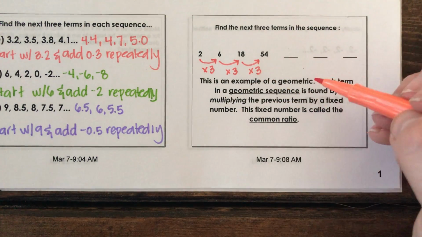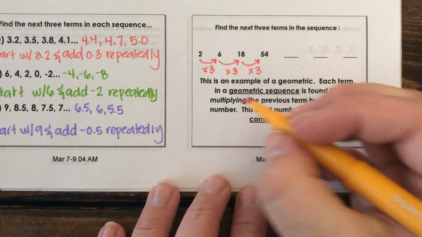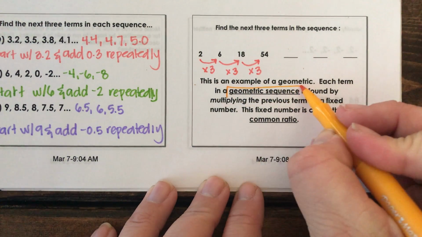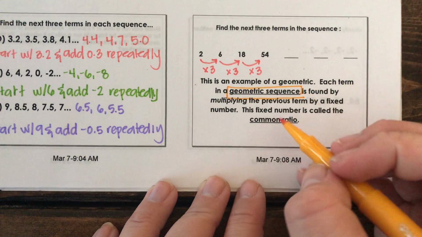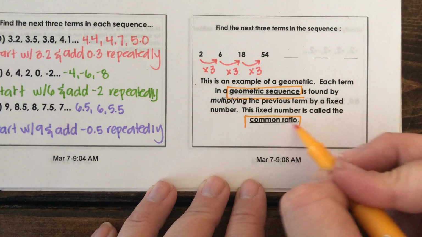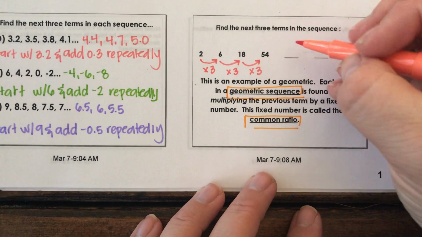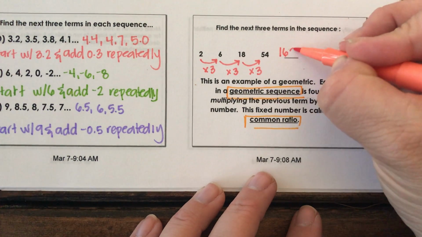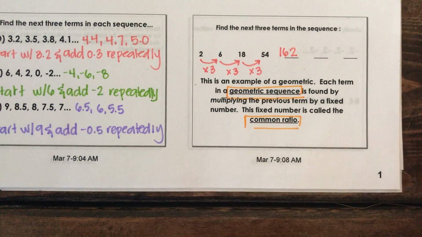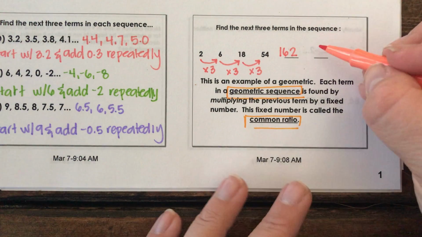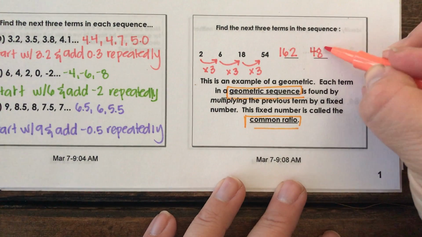So this is an example of a geometric sequence. And in a geometric sequence, we're multiplying by the same common ratio, repeatedly. So now 54 times 3 would be 162. 162 times 3 would be 486.